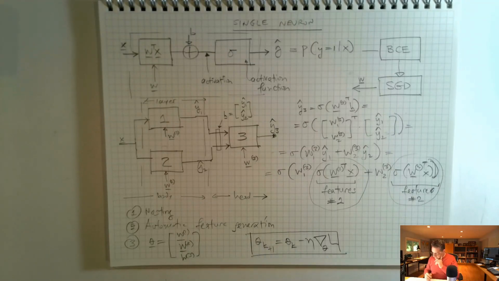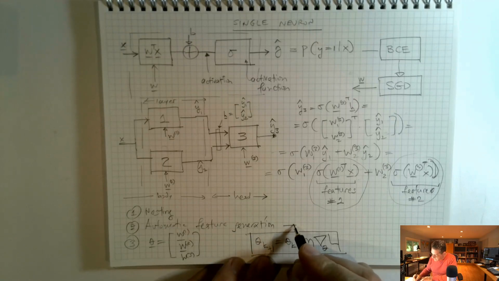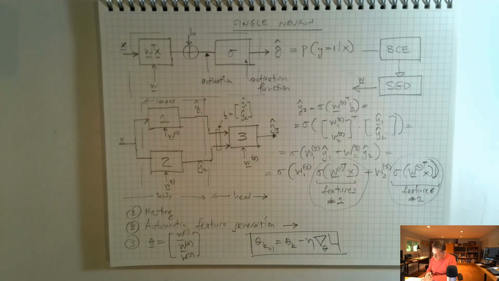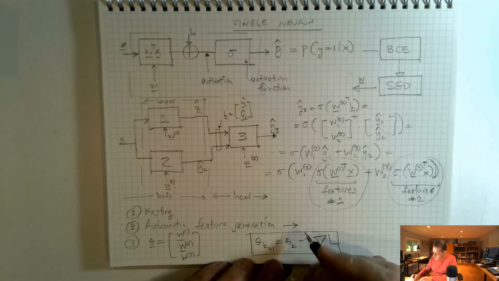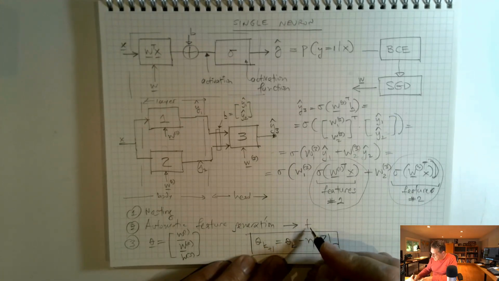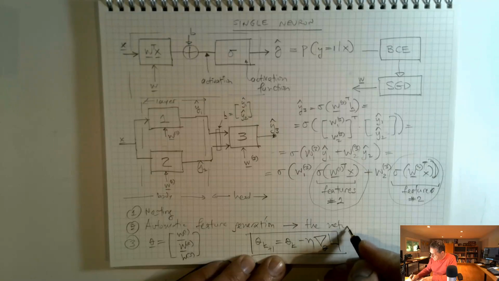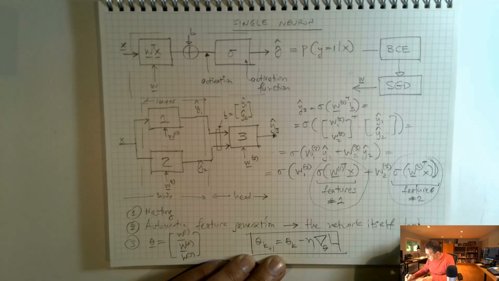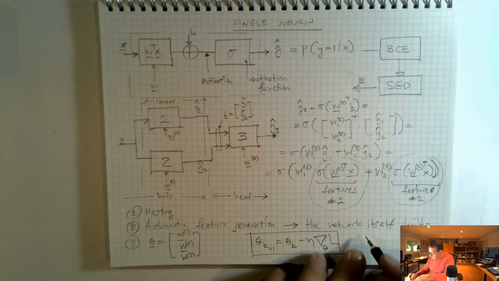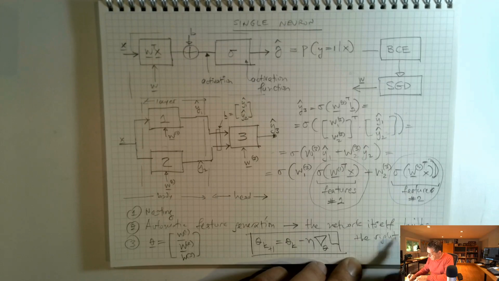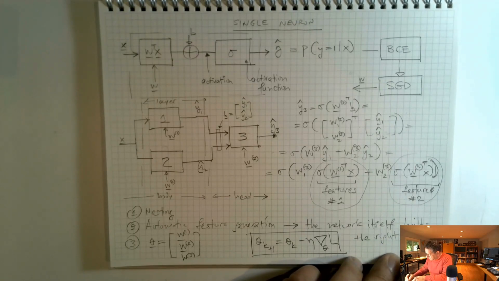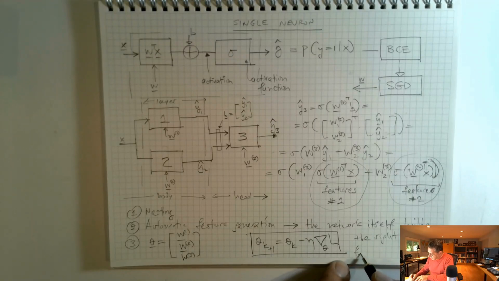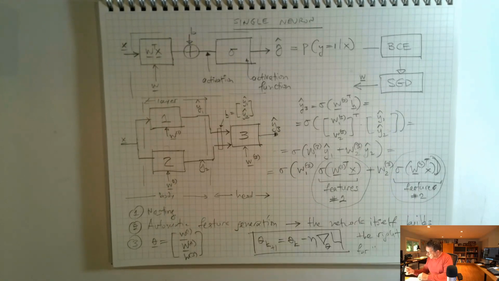So the important thing is I think number 2, the automatic feature generation, or the fact that the network itself builds the right representations for the head, or whatever the head is doing.